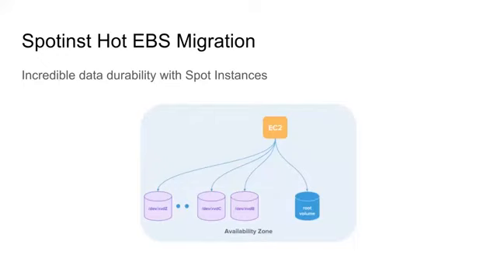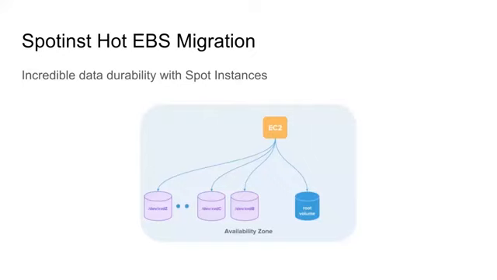And what's going to happen is, and I'll demonstrate this in a little bit, if we're replacing a spot instance, we'll preemptively spin up a new instance. The old instance that's going away, the EBS volume will be detached, and then that EBS volume will be attached to the new instance immediately afterwards, giving you the data durability that you need for your Elasticsearch clusters.